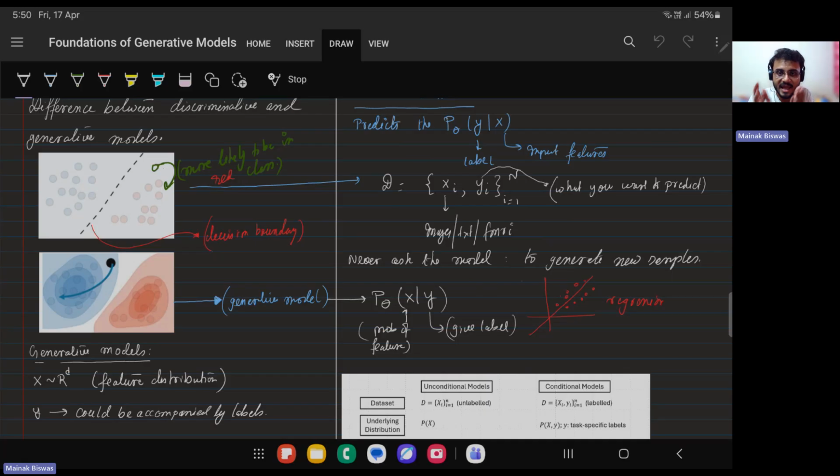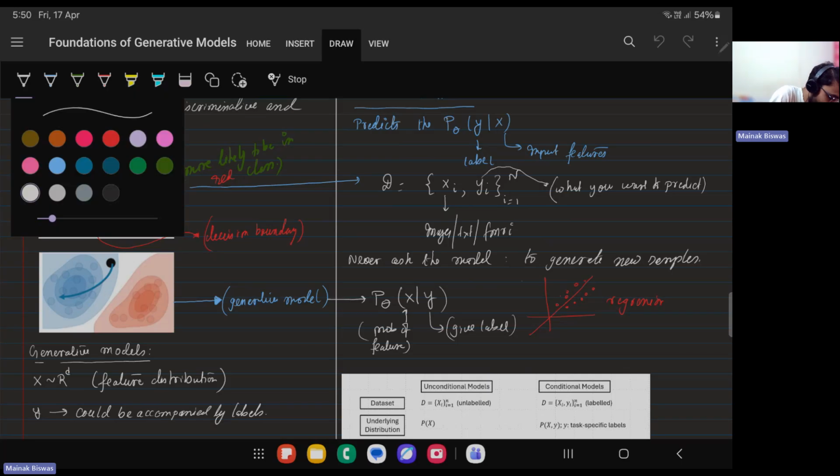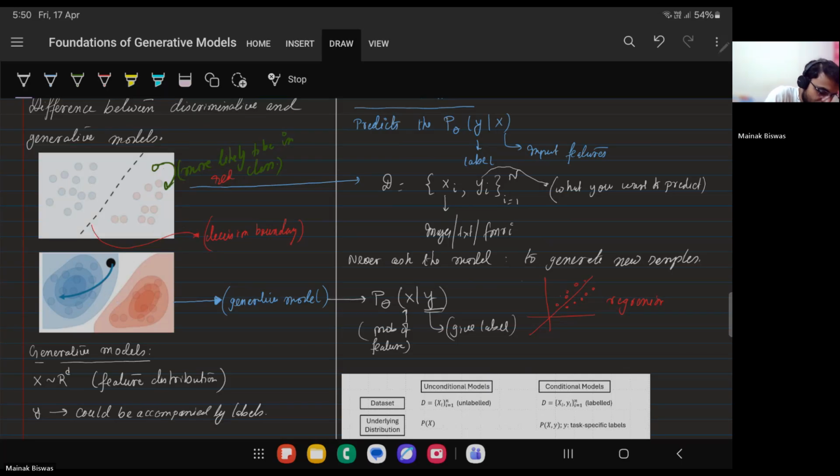So now this entire problem has been shifted. Instead of modeling the probability of y given x, where you're making a decision, I'm going to model this: what is the probability that, given the data point is class 1, these are the features corresponding to the data point? For example, these points over here, if you tell the model that they're in class 1 and give these features, it will say they have high probability.